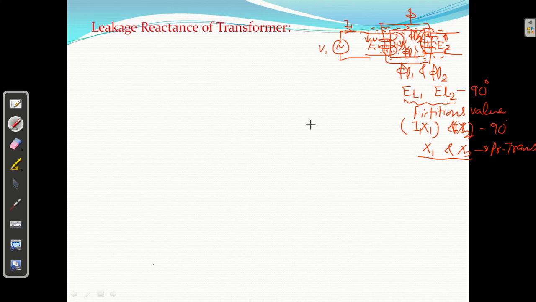In a practical transformer, we have reactances on the primary side and secondary side, and these are fictitious values. So you can make a transformer, say a step down transformer.